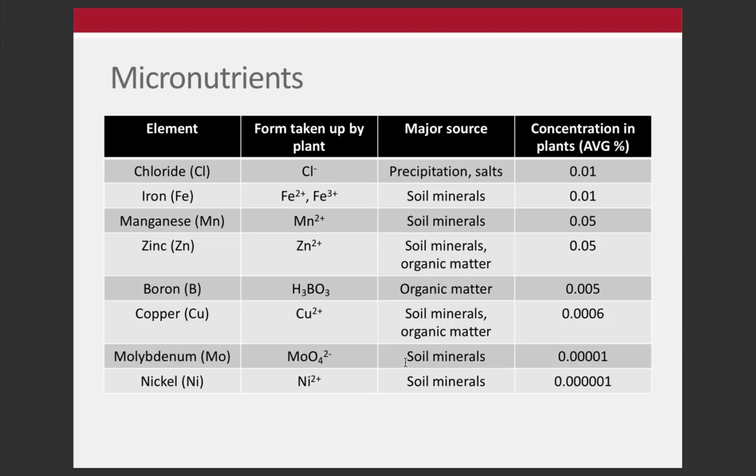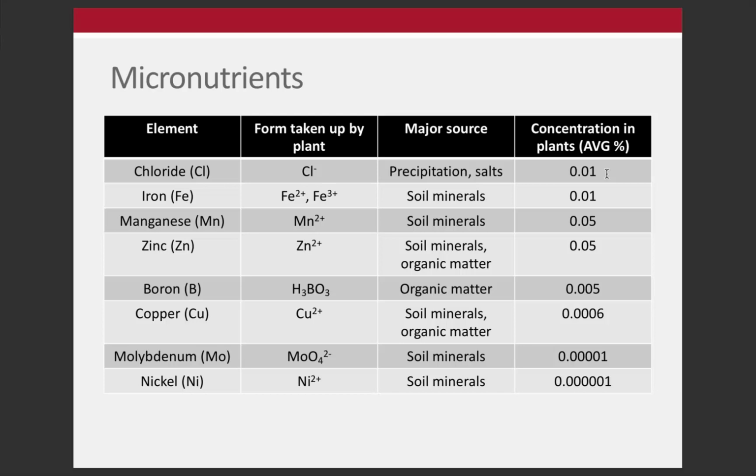If we look at the concentration in plants, this is kept in percentages. Most times you'll see micronutrients reported in parts per million, and ppm is a 1 over, instead of a percentage of 1 over 100, say, a part per thousand, a part per 10,000 is 1 over 10,000.